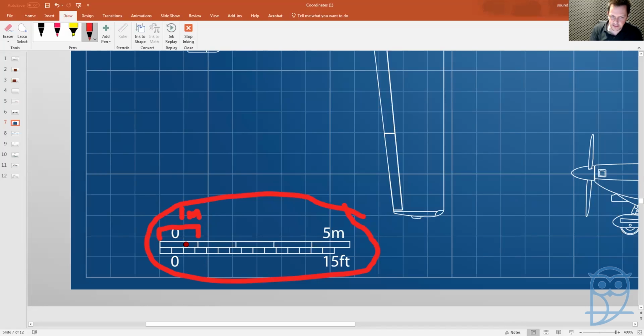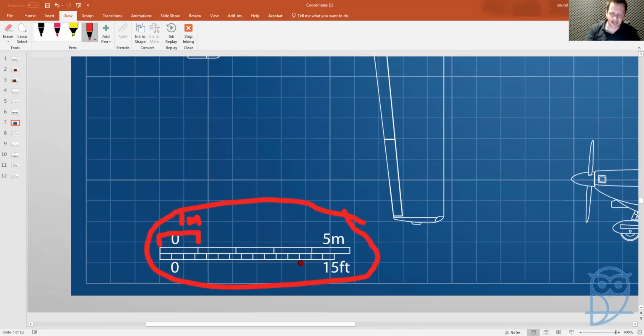Now, that's not an actual meter. Everyone knows roughly what a meter is. Most adults are 1.8 meters tall, and a story of a building is just over 3 meters. So 1 meter cannot be that length.